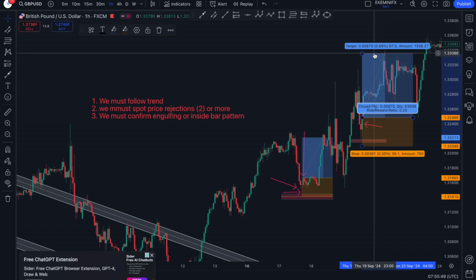So if I add this point 2.23 here, I'll be having around $4,000 something. So let's just say 870 times 5, that's $4,350 will be my profit.